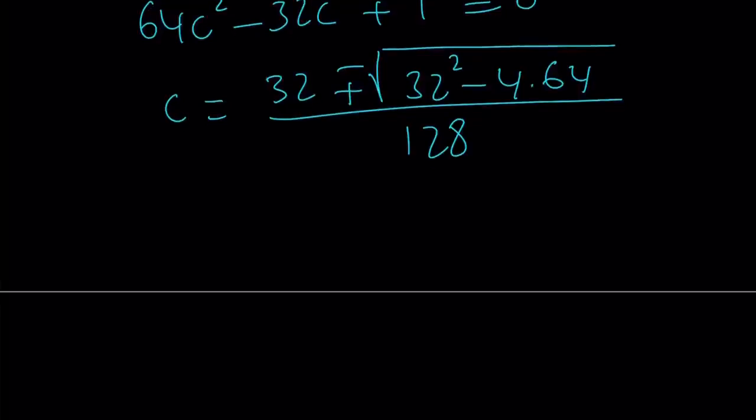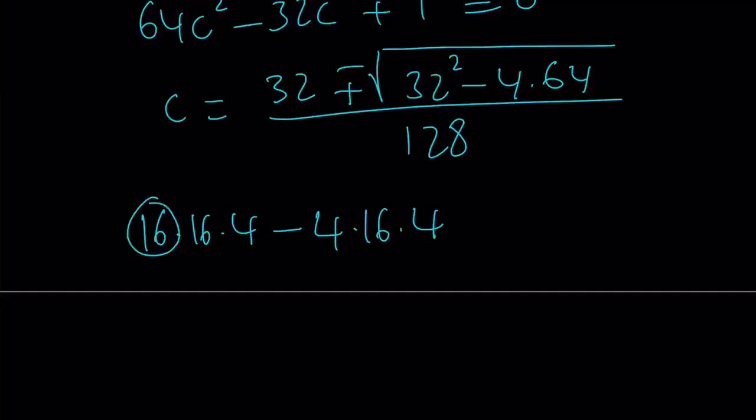So inside the radical, I want to factor, so we can use a little bit of factoring here. 32 squared can be written as 16 times 16 times 4, because 16 times 2 is 32. And 4 times 64 can basically be written as 4 times 16 times 4. Now this is cool because I want to find a common factor which is a perfect square at the same time. So 4 times 16 happens to be a perfect square.